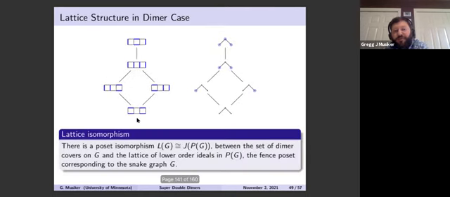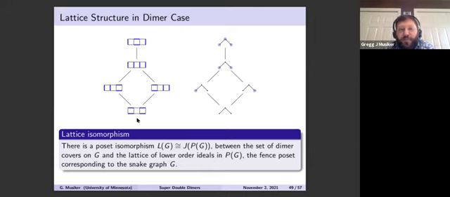And you can also think of this as the lower order ideals in a fence poset that corresponds to this snake graph, where it zigzags when the snake graph goes straight and goes straight when the snake graph zigzags. And because this is a poset isomorphism to lower order ideals, that shows that this really is a distributive lattice.